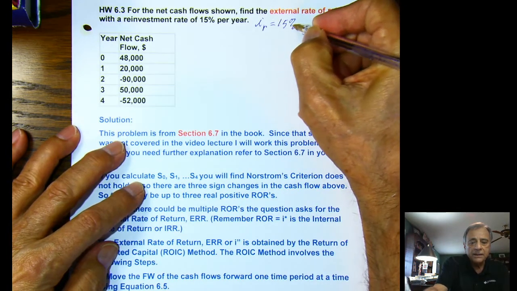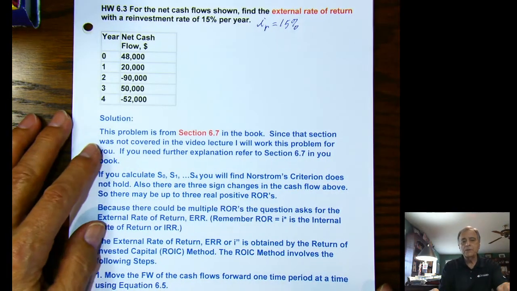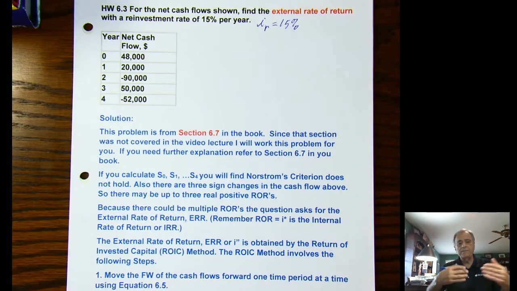And basically, we are going to assume then that any positive cash flows that come out of this particular investment will be reinvested and earn 15% going to the future. So this particular method of external rate of return is going to involve basically setting the future value of the cash flow equal to 0.